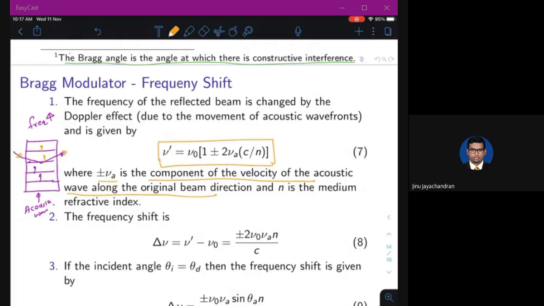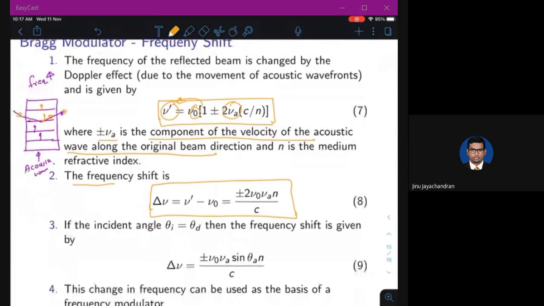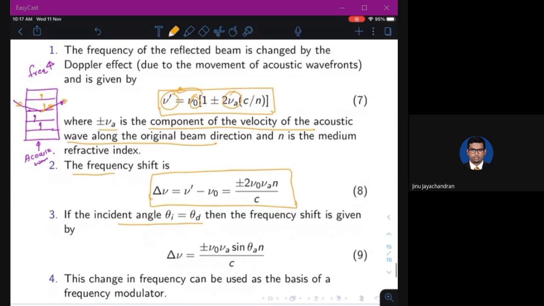So if this acoustic wave has along this direction some component, that is nu a, the frequency shift is basically nu dash minus nu 0. So if you take nu 0 to this side, you will get this expression. This is for normal incidence, and if the incident angle is theta b, then it can be modified by including sine theta.